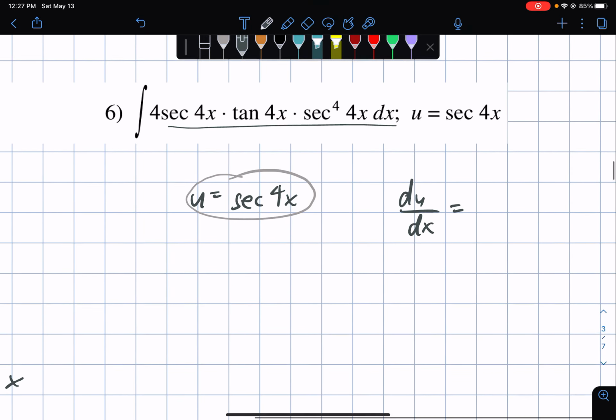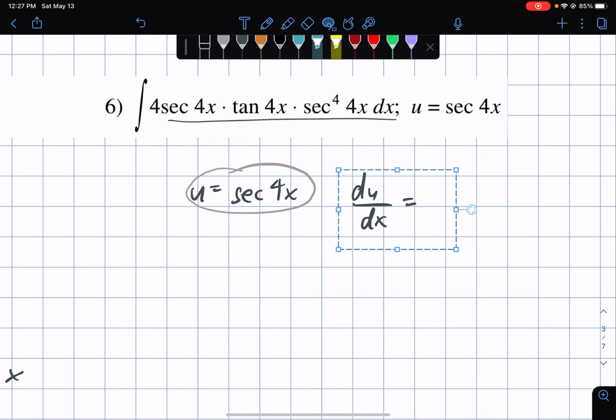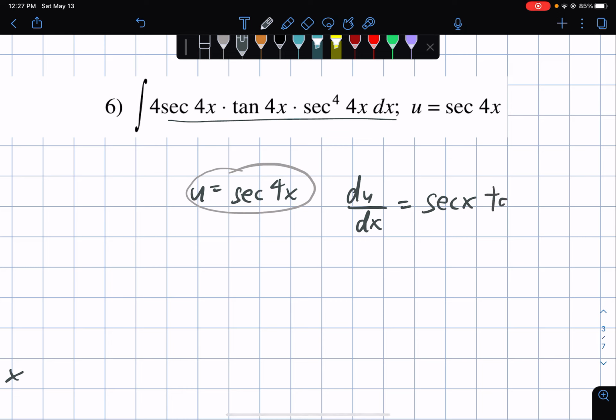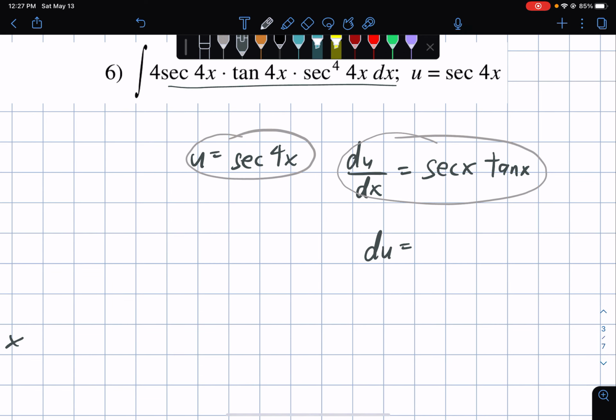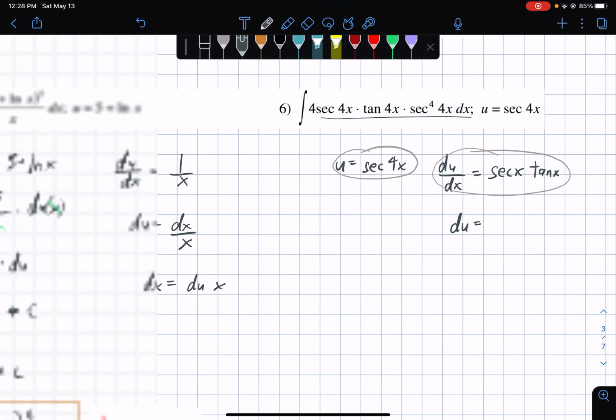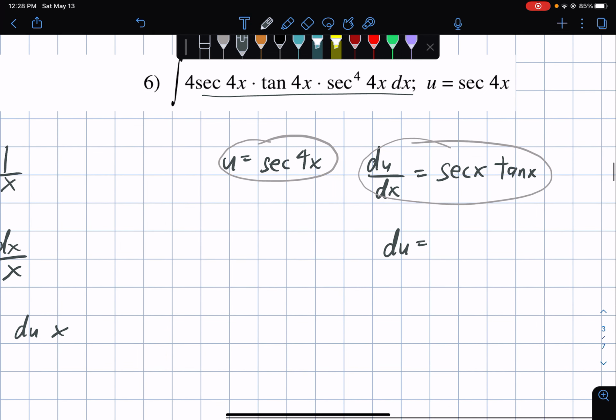Therefore, what we're supposed to have here is secant x tan x times 4. I'm not sure. Then du is equal to, yeah, I can't guarantee an answer here. I'll still give it a try.